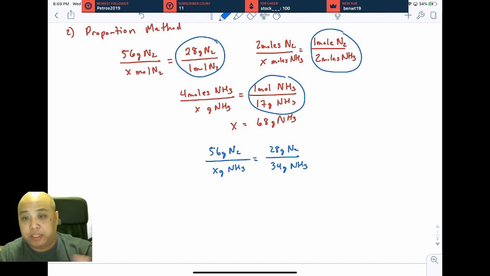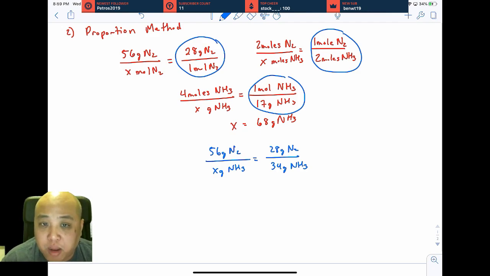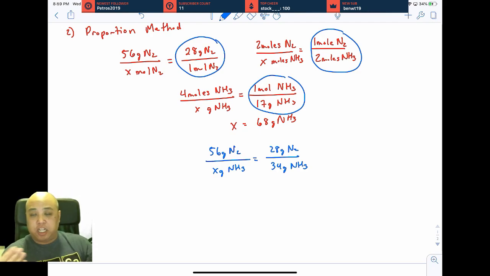And that's only true because you can combine the grams with the moles and then make a mass to mass proportion instead of a mole to mole ratio. That's all you're doing. You're taking the mass of each substance and multiplying by the mole to mole ratio to get that mass to mass ratio. And so that works just as fine to do this. It gets tricky when you start not going from one unit to another unit.